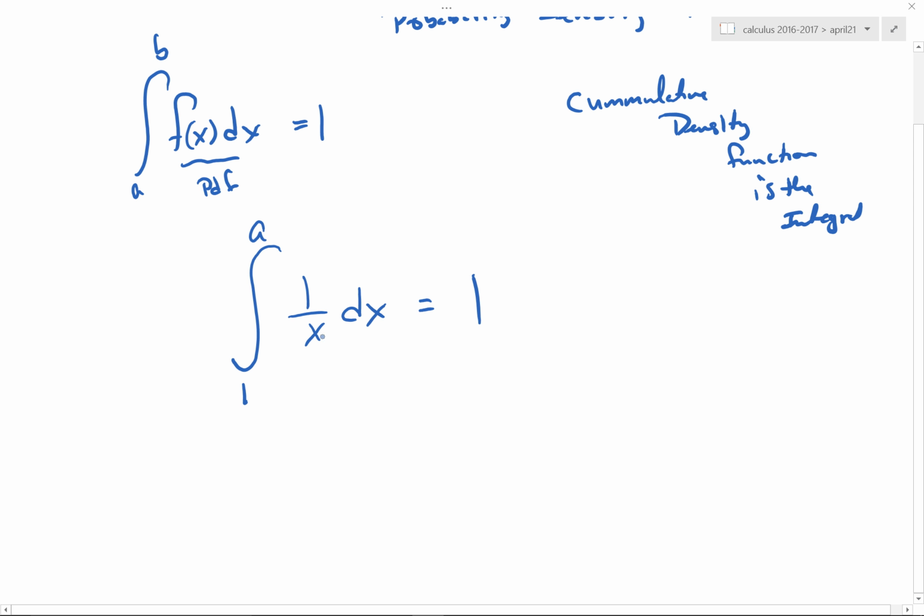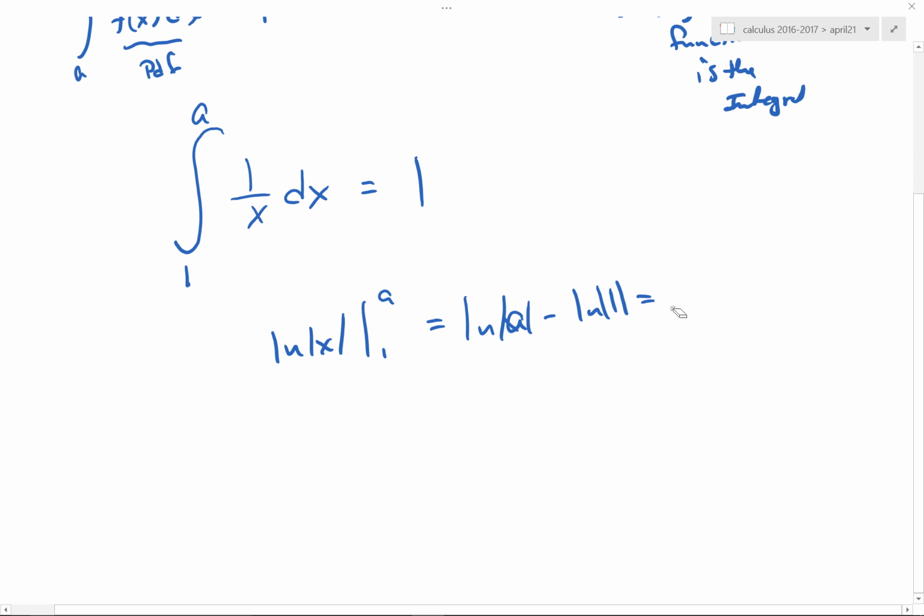What is the antiderivative of 1 over x? ln of x, from 1 to a. Wouldn't that just be ln of a minus ln of 1? And it's supposed to equal 1. What is the ln of 1?